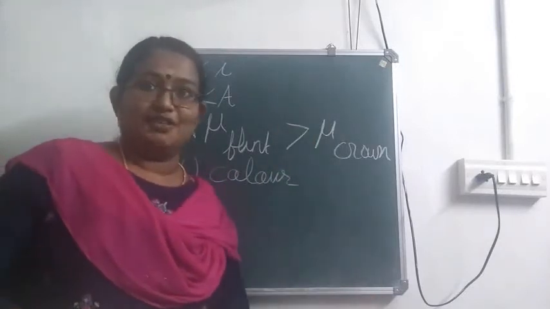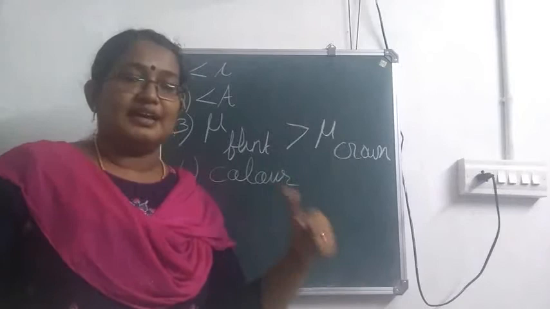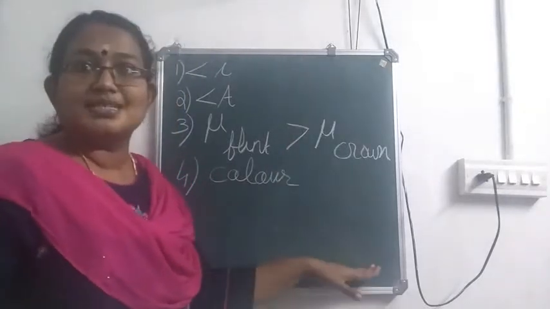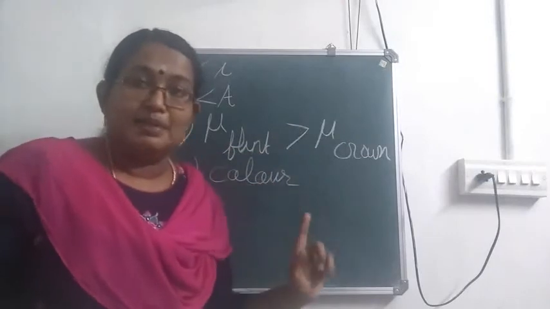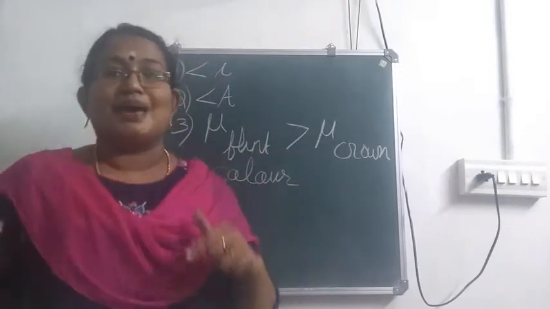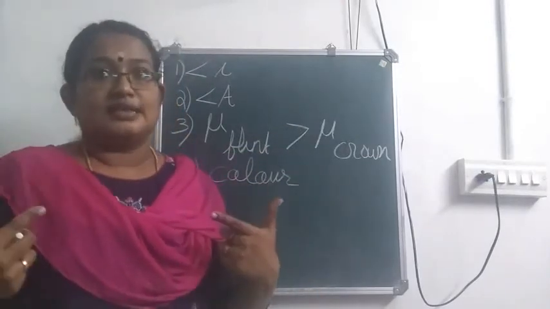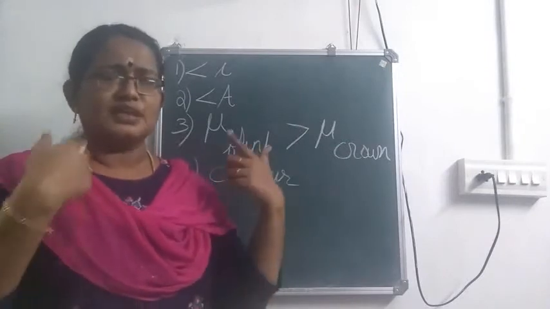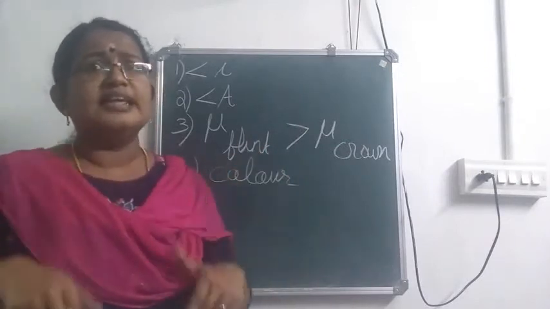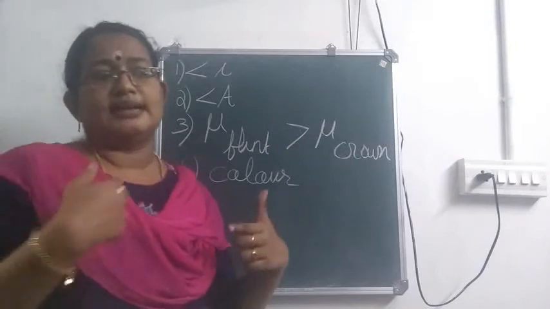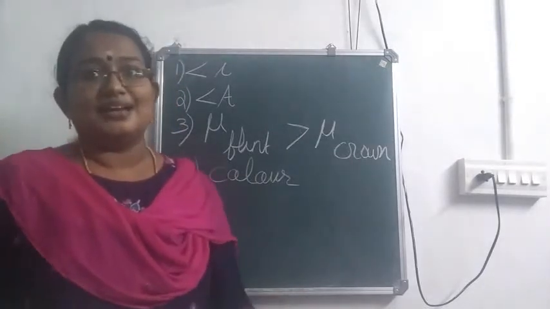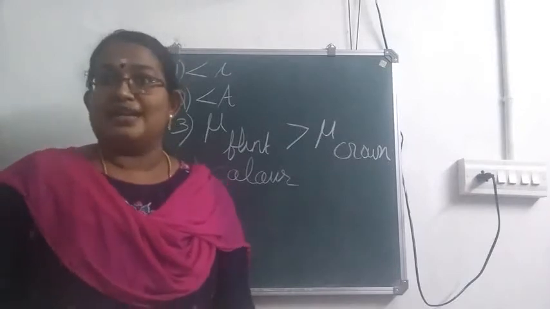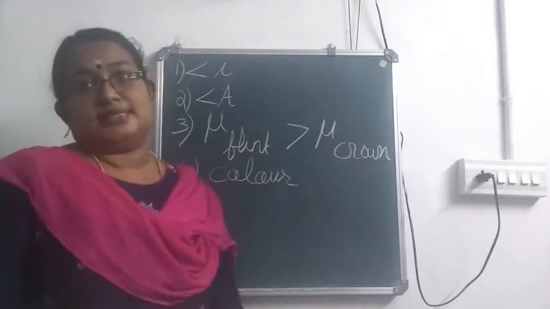We get VIBGYOR, and where do we get V? V will always be at the bottom. From bottom to top we write VIBGYOR. That means violet light shows maximum deviation. Why? Because the higher the wavelength, the deviation will be minimum, and the lesser the wavelength, the deviation will be maximum. Since violet light has minimum wavelength, the deviation shown will be maximum.